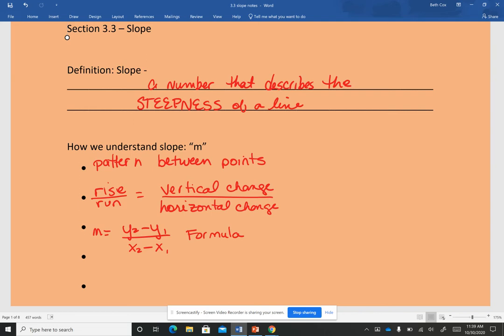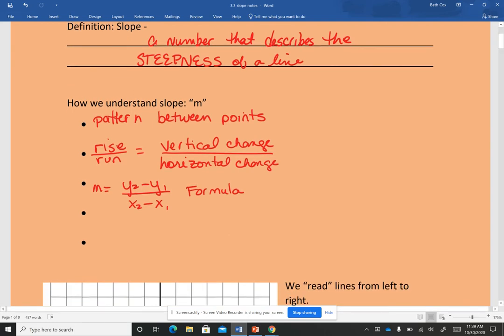Your y moves are your up and down, and so vertical change would be subtract your y's, and horizontal change would subtract your x's. Now remember, the little 2 and the little 1 have absolutely no math associated with them. Those are there to tell you which point: the second y that you have minus the first y that you have, and the second x that you have minus the first x.